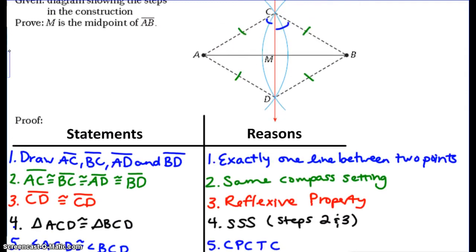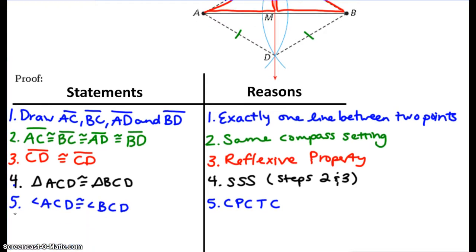I also know that line CM is equal to itself by the reflexive property. So you see what's happening here: I'm looking at these two triangles now, this one and this one. And right now I have side, angle, side, and I can prove those two triangles congruent. So first let's go ahead and say that CM is congruent to CM by the reflexive property.